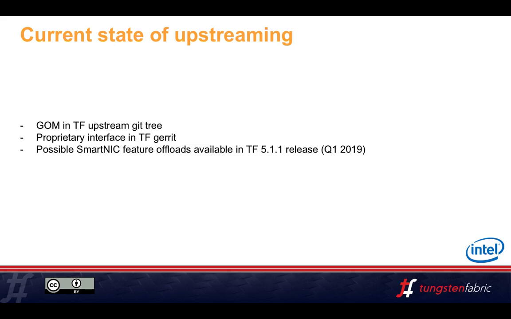Most probably it's not going to make it for 5.1, but most probably the interception point will be 5.1.1, which is in Q1 2019. The proprietary interface is in the Tungsten Fabric Gerrit and pending the final reviews.